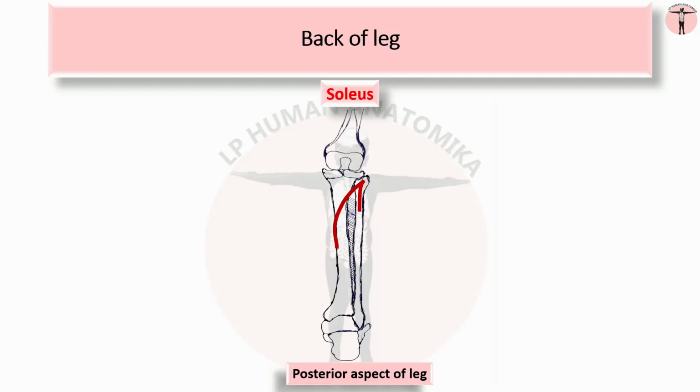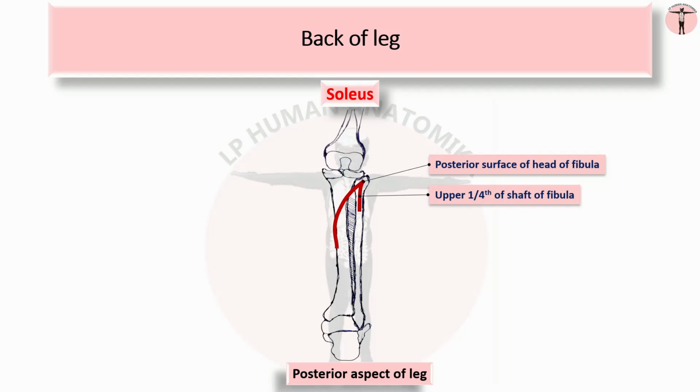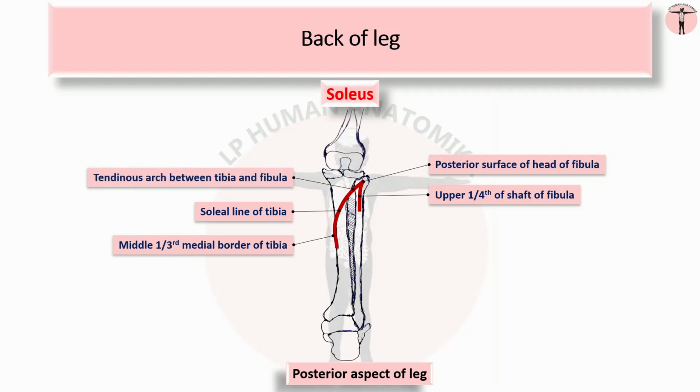Soleus. It is a very powerful muscle present deep to gastrocnemius. It is a multipinnate muscle shaped like the sole of foot. The origin is extensive in the form of broad horseshoe. It arises from posterior surface of head of fibula, upper 1/4 of shaft of fibula, soleal line of tibia, middle 1/3 of medial border of tibia, and tendinous arch extending between the two bones behind the neurovascular bundle.